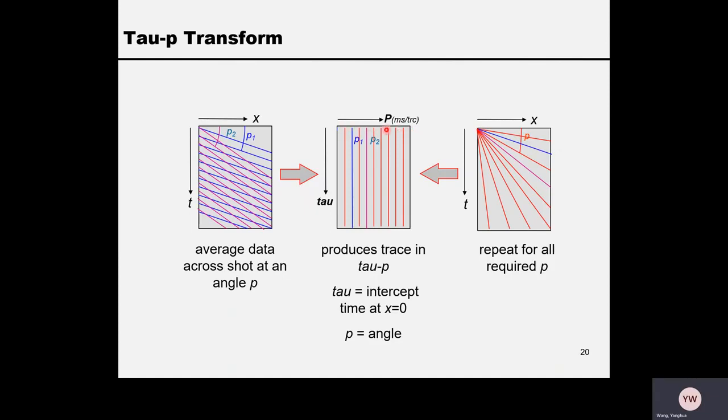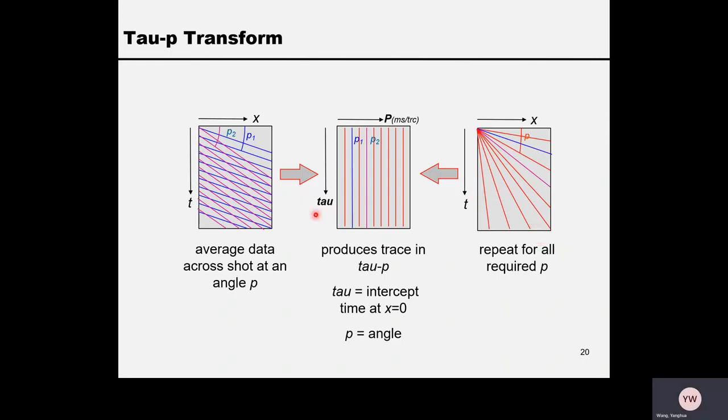So the tau is the corner here in this case, the interception time, but with all the different P's, different lines, different dip. And then after that, you do the second position, you do the same thing, and so on and so forth, right?